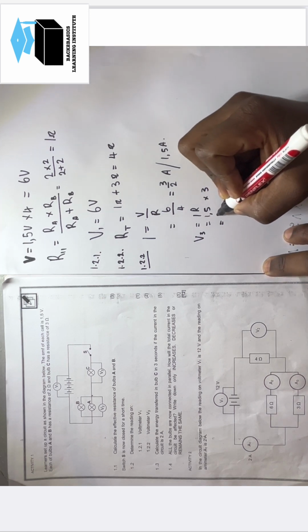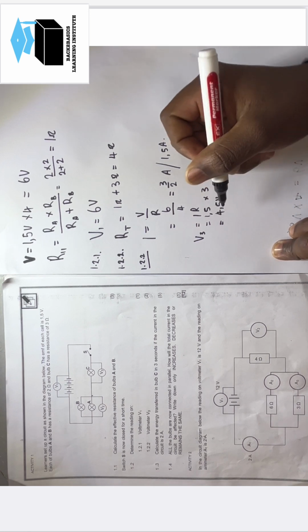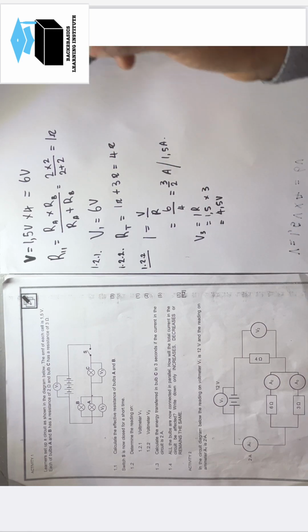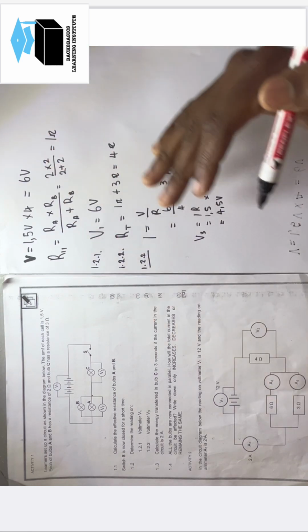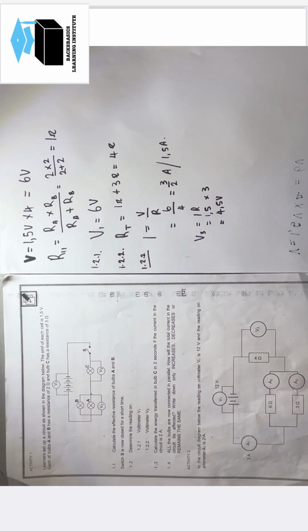So the voltage here is 4,5 volts, and your V3 is 4,5 volts. You see, you need to have your physical science background in understanding the circuit in order to answer some of these questions.